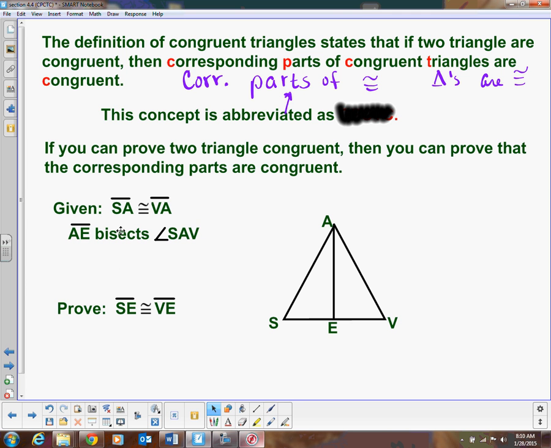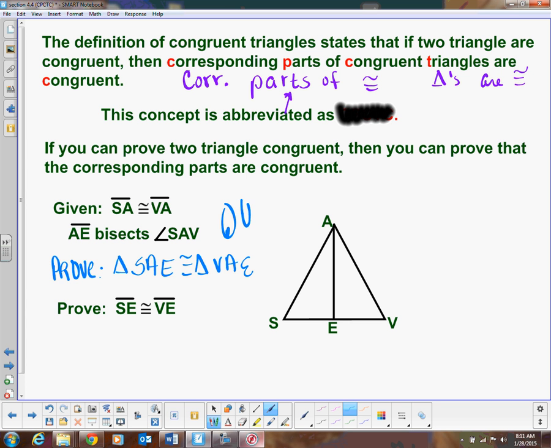Your given looks similar, but look, how is your proof different? It's segments rather than triangles. However, hint, before you can prove segments or angles congruent, what must you do first? Prove the triangles are what? Are congruent. All right?